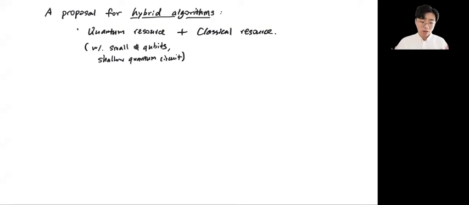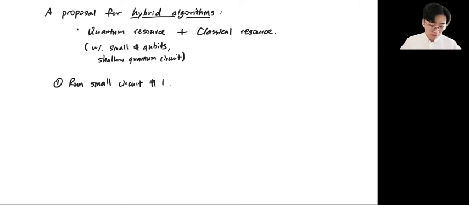Now let's think about how we integrate the quantum computer and the classical computer. Well, one naive way of doing that is to let the two take turns. First, you run a small quantum circuit. Second, you use the results from the quantum circuit to perform some optimization on a classical computer.